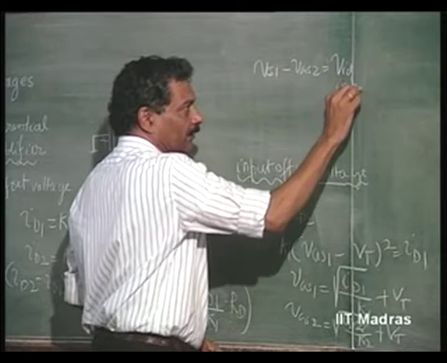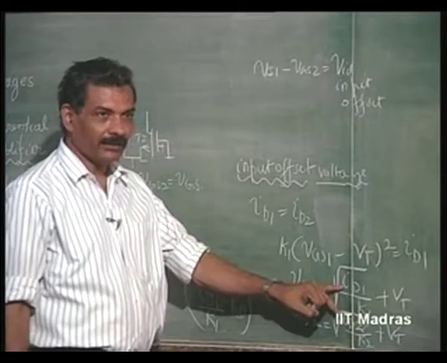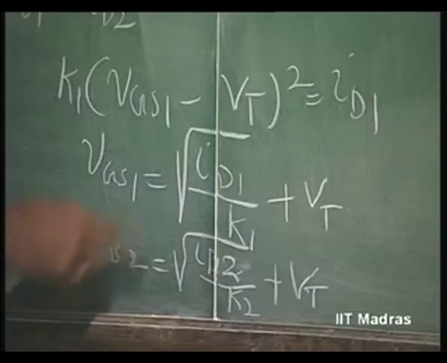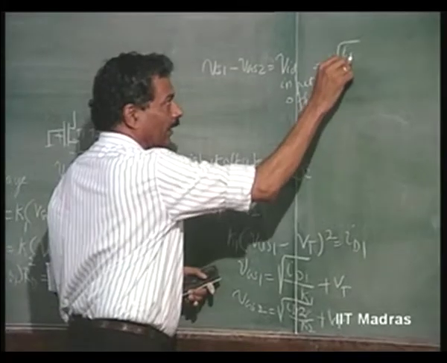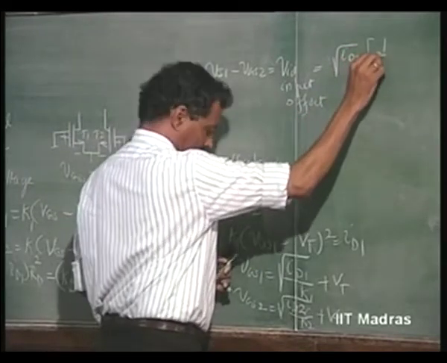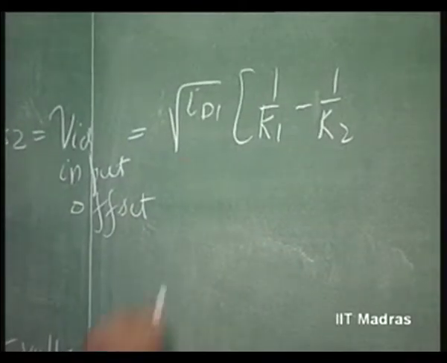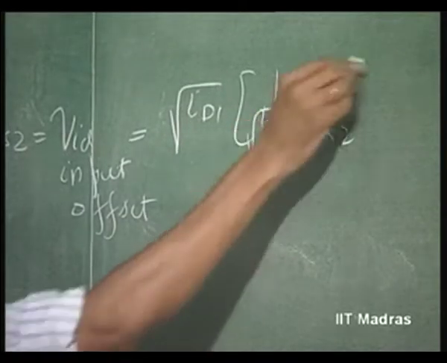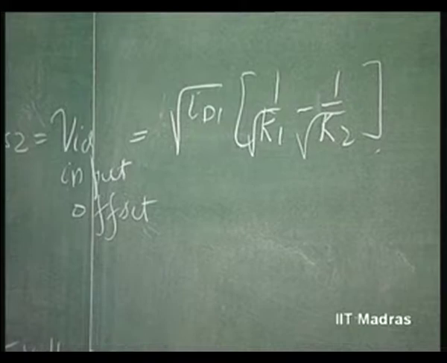This is the input offset voltage when ID1 is equal to ID2. Okay. So, we have this equal to root of ID1 or ID2, which are both the same, into 1 by root of K1 minus 1 by root of K2. This is the input offset voltage.